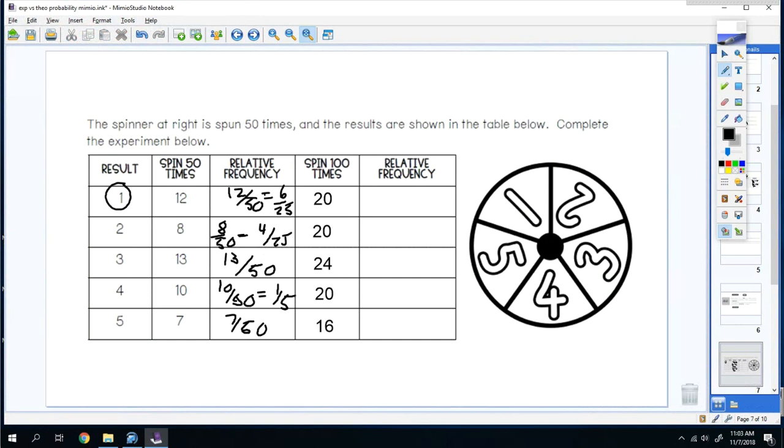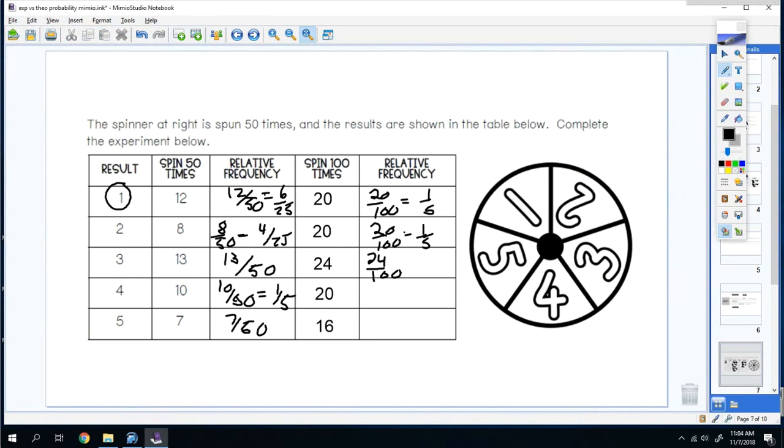Well, now I did it 100 times. So my results are here. It'd be 20 out of 100, which is 1/5. This one would be 20 out of 100, which is 1/5. This one would be 24 out of 100, which you can simplify down.